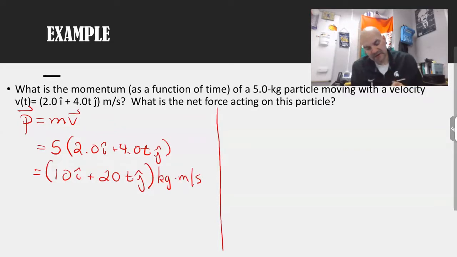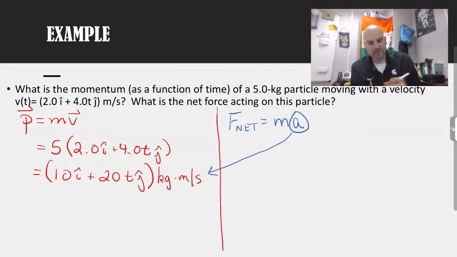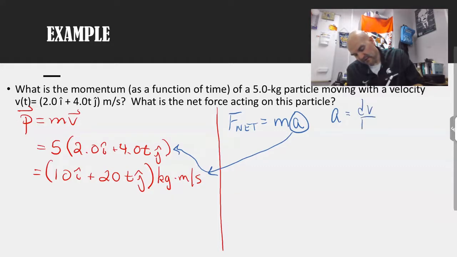The second part of the question says, what is the net force acting on the particle? Well, if I want to find net force, I need to do m times a. But my a will come not from my momentum, sorry, but from my velocity, right? So a is dv/dt.